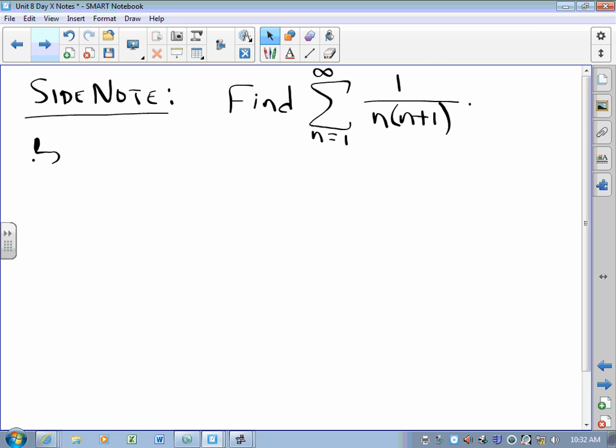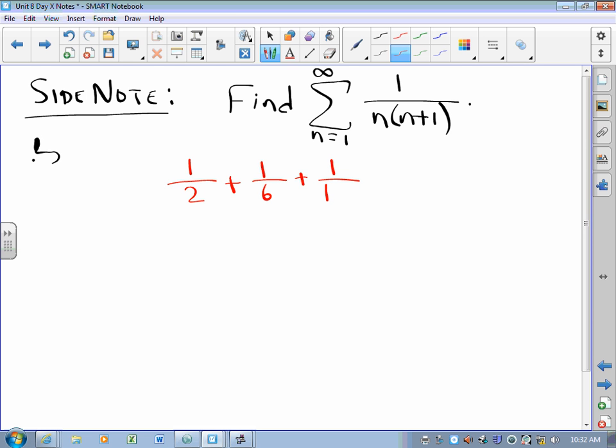I mean, you can sub in 1, and you get 1/2, and then you sub in 2, and you get 1/6, and you sub in 3, and you get 1/12, and you sub in 4, and you're going, I don't know. I have no idea. But I start thinking like a calculus student, and I say, wait a second. Teacher gave me this fraction.